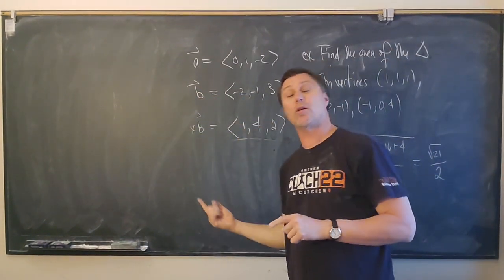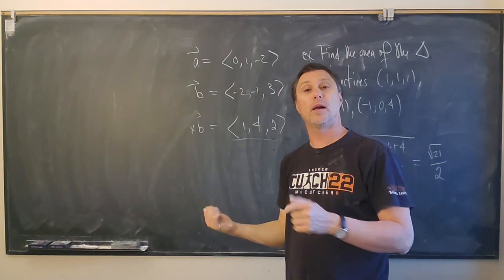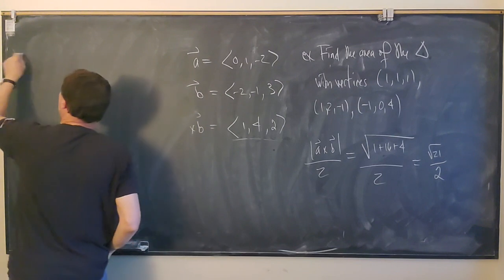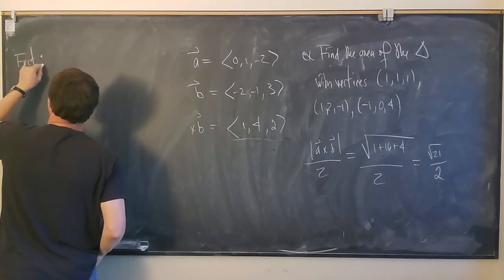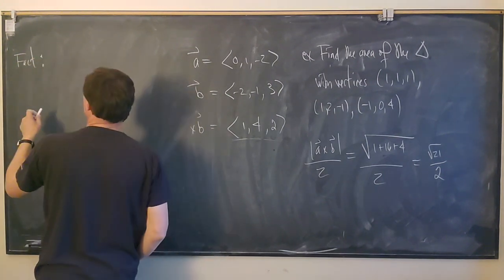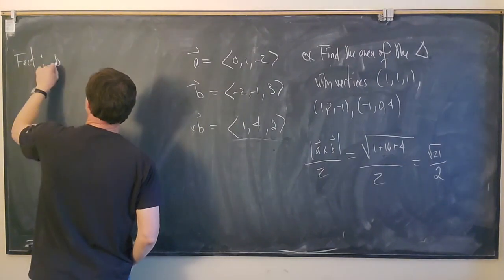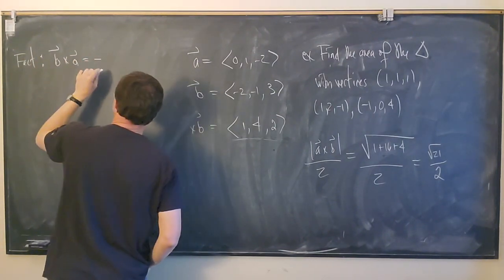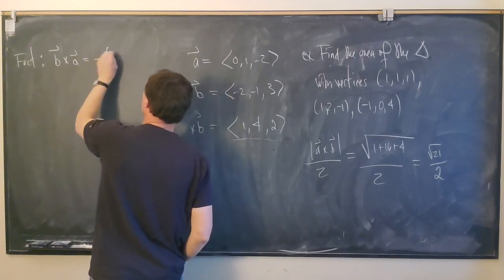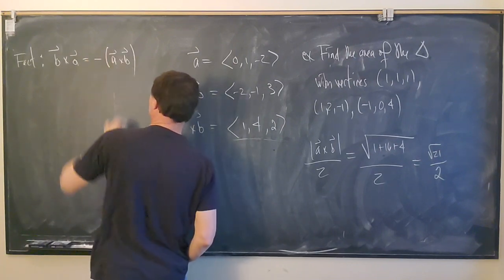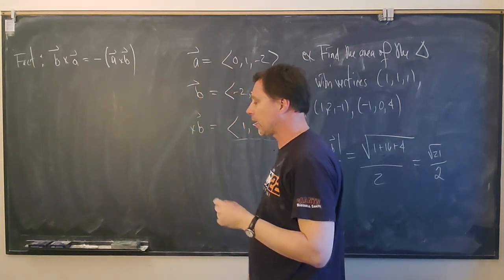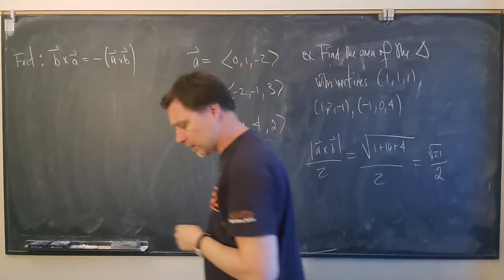So A cross B and B cross A point in opposite directions. So here's a fact: they are negatives of each other. So B cross A is equal to minus A cross B. It's just a vector that points in the opposite direction, same length.